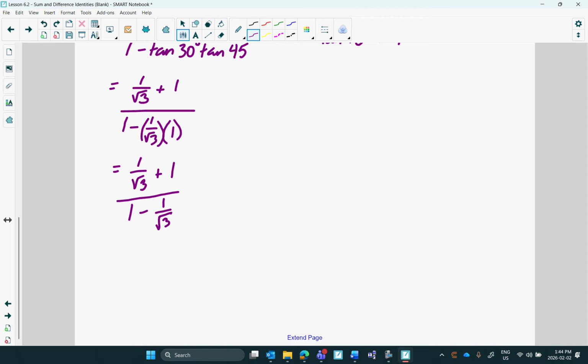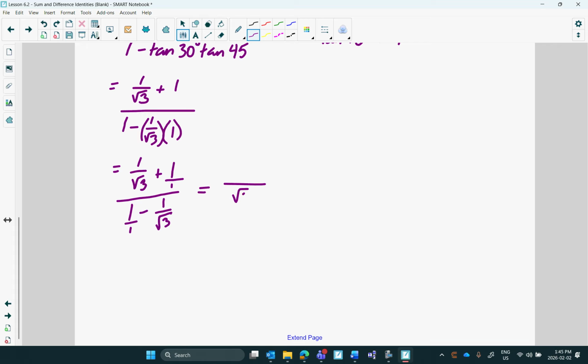So to simplify it, I would have to make common denominators. Add the top, subtract the bottom, and then divide the 2. What's the lowest common denominator of root 3 and 1?